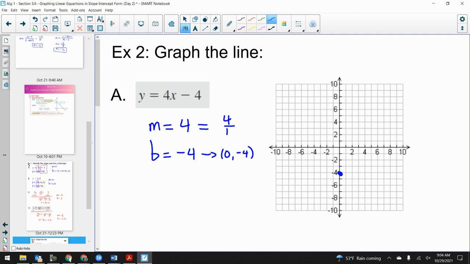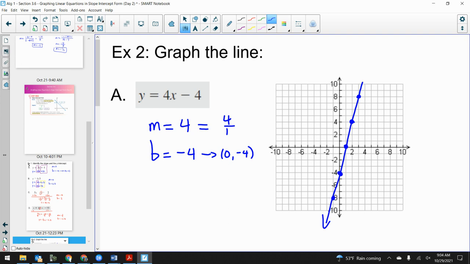Rise 4, 1, 2, 3, 4, run 1. There's a dot. +4, +1. Do you know that I could also go down 4 if I go left 1? Because a negative divided by a negative gets us back to a positive. So I could go down 4, 1, 2, 3, 4, left 1 if I wanted to.